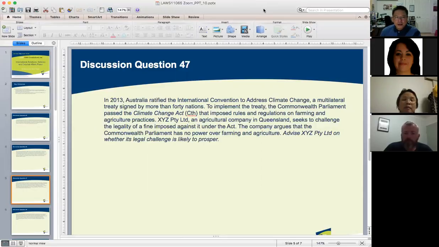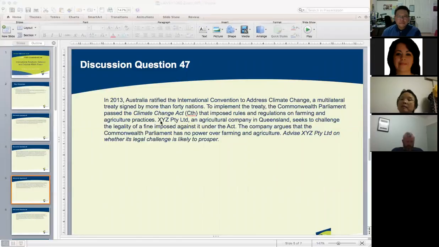XYZ Proprietary Limited, an agricultural company in Queensland, seeks to challenge the legality of a fine imposed against it under the Act. The company argues that the Commonwealth Parliament has no power over farming and agriculture. Advise XYZ Proprietary Limited on whether its legal challenge is likely to prosper. Volunteers?